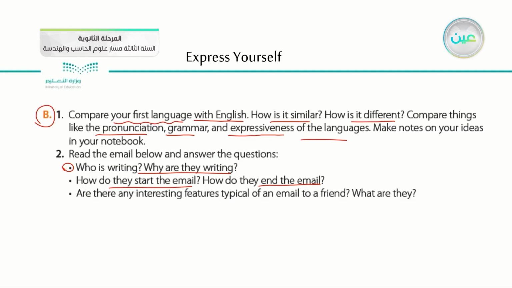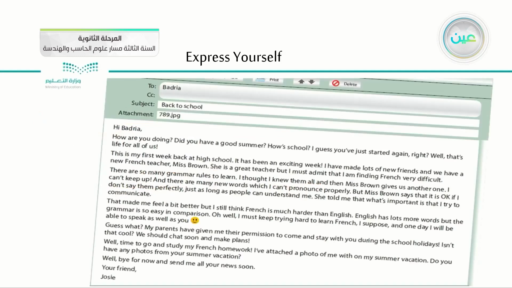And I also want you to focus on any interesting features typical of an email to a friend, and what are they? Now we have an email from Jose to Badria. So the receiver is Badria and the sender is Jose.